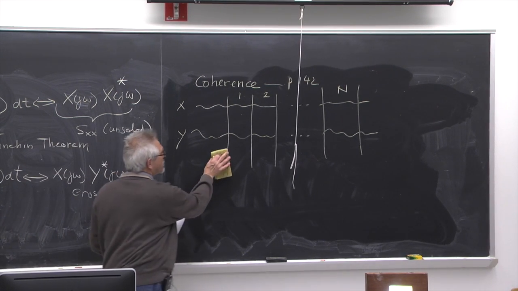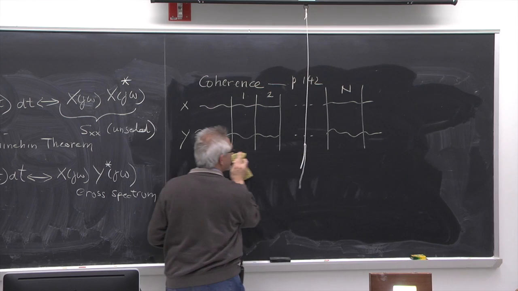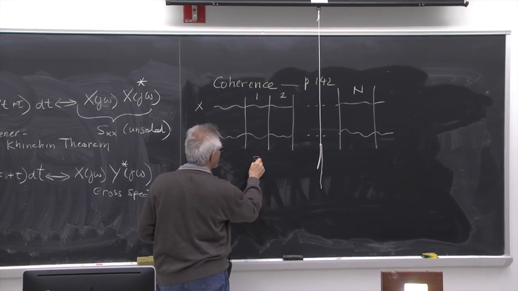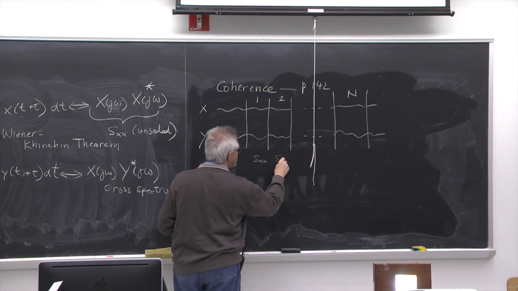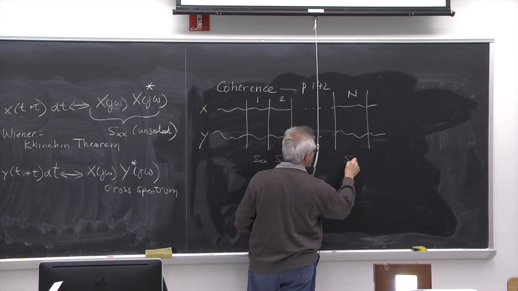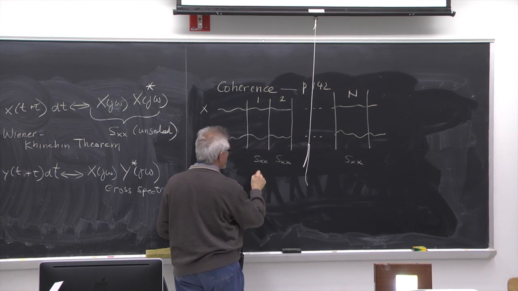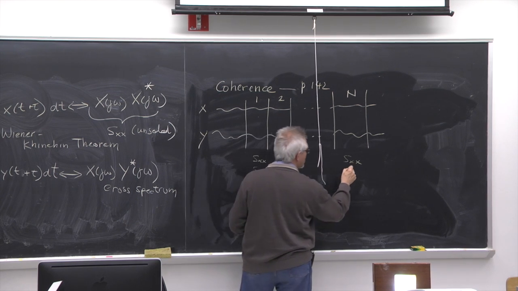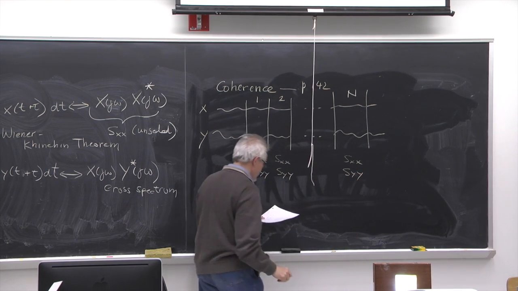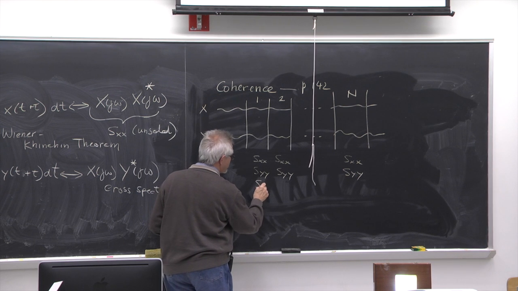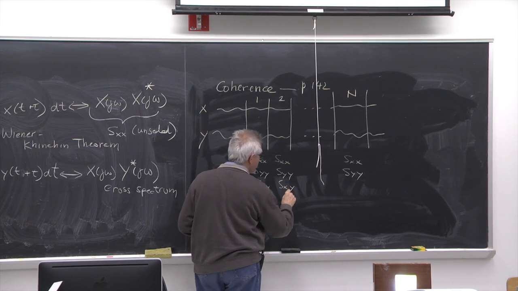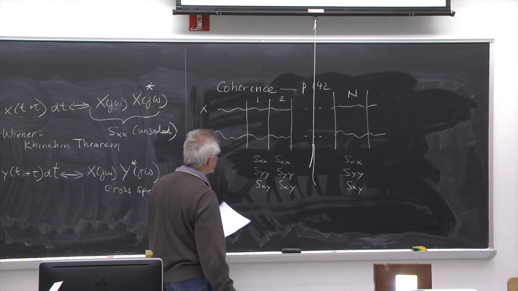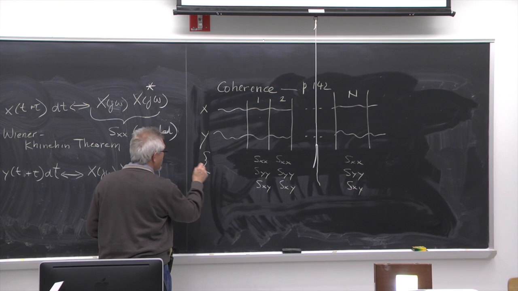Now let's say that for every epoch, I'm going to compute the auto spectrum of X. And for every epoch, I'm going to compute the auto spectrum of Y. And I'm also going to compute the cross spectrum of X and Y. So these two are the auto spectra.